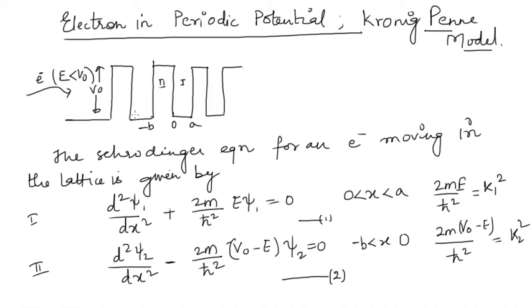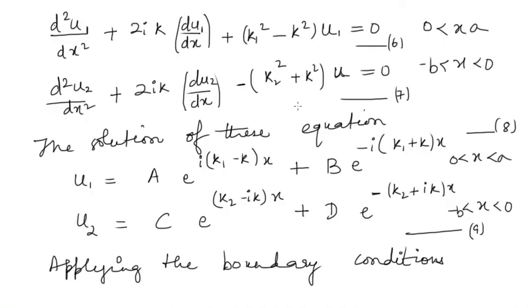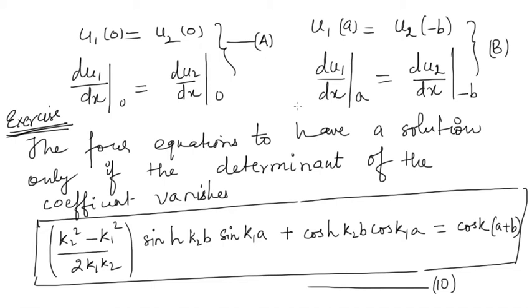The area under the curve remains the same. We want to see in this limit, and this solution is simplified. So what did Kronig and Penney suggest to do here?